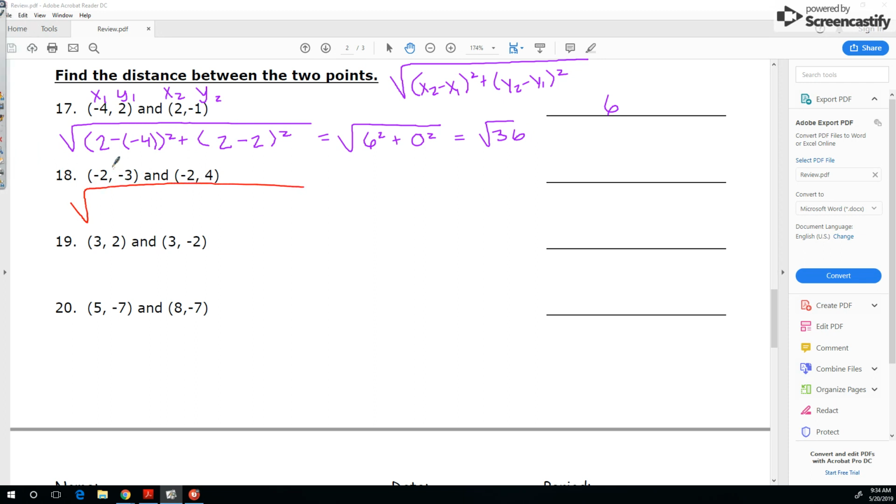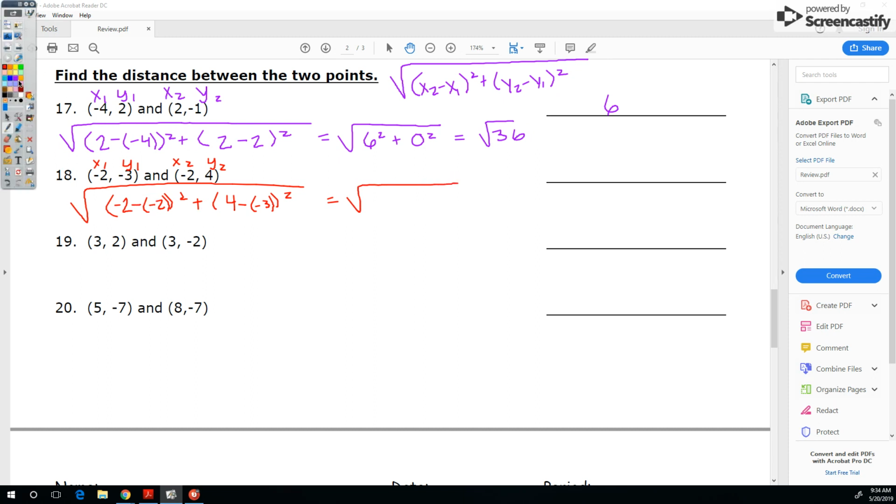Okay. So x1, y1, x2, y2. Okay, x2 minus x1, y2 minus y1. The negative negative is going to make a positive for us.